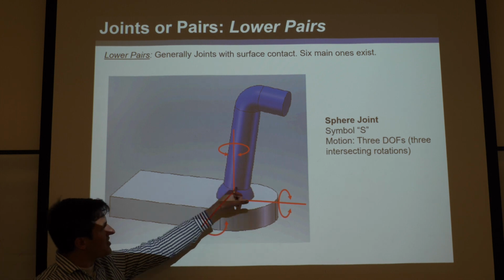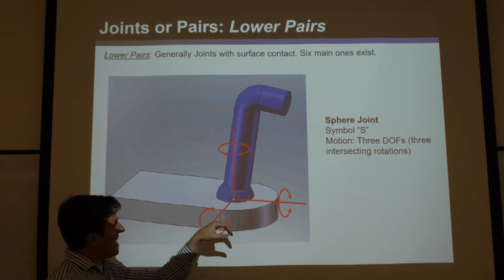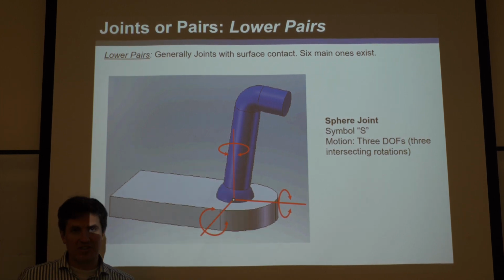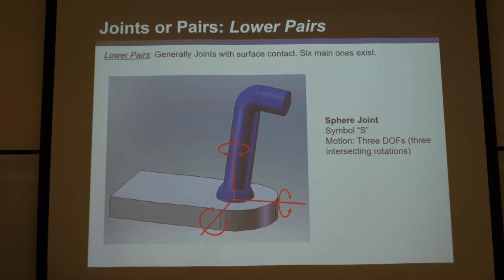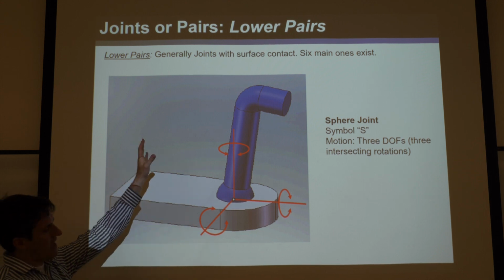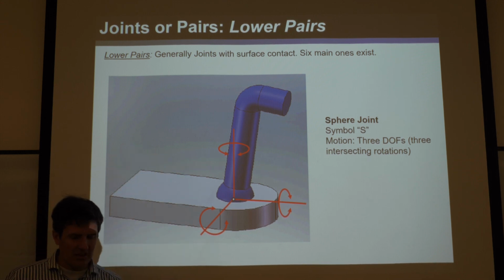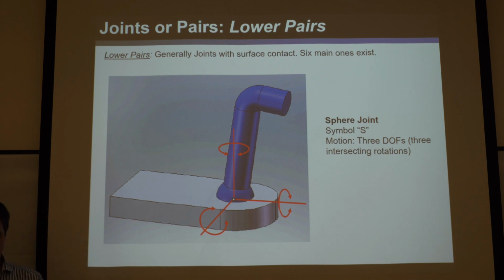You could imagine it could rotate around all 3 of these axes, and really any rotation that intersects the center of the sphere is what it can do, but that results in 3 independent degrees of freedom. Again, a lot of students start learning in their mind that lower pairs have to do with single degree of freedom joints. It's not the case. It's just surface area contact that makes it a lower pair.